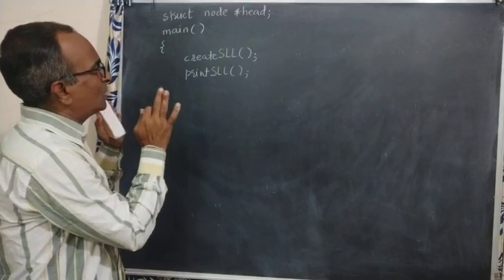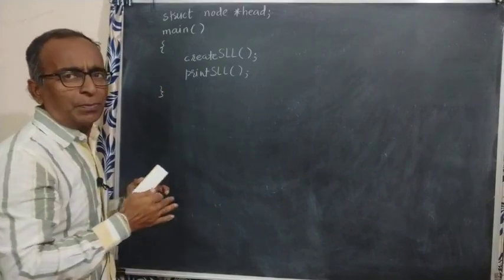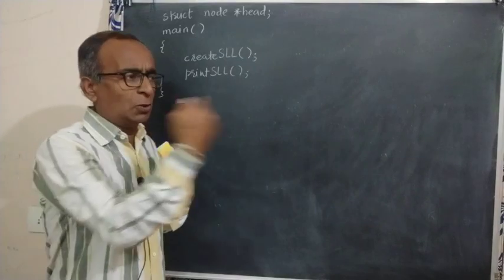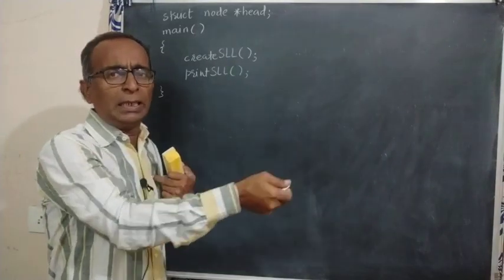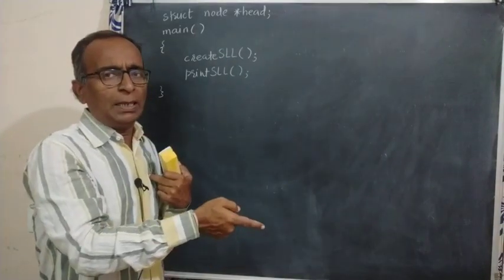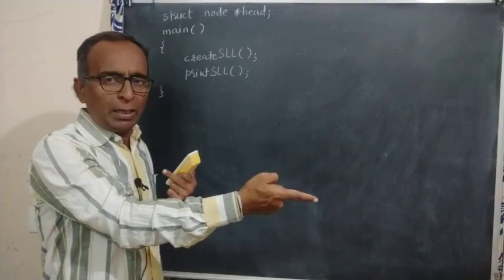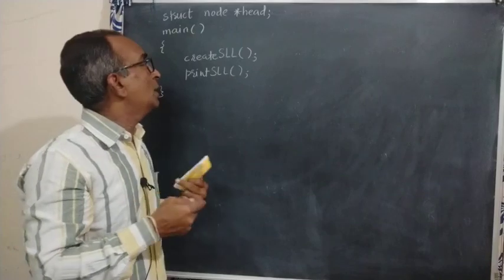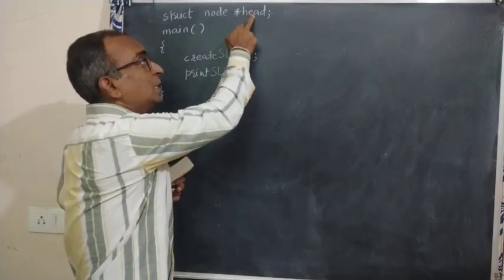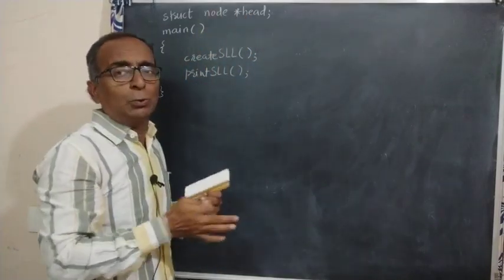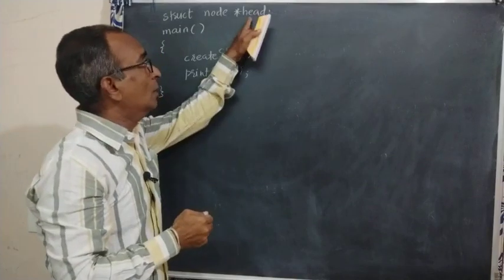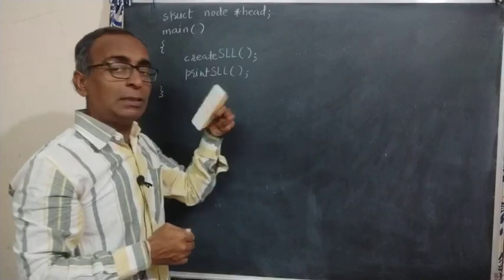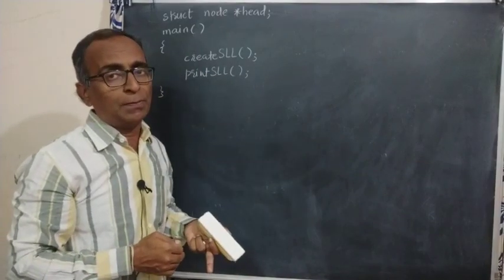Now this is my main, means master. Master, what he is doing is calling somebody, create singly linked list. Then whatever linked list he will make, he is setting this head node's address, the first node's address, because this is global. Global means create list can access, print SLL can also access.